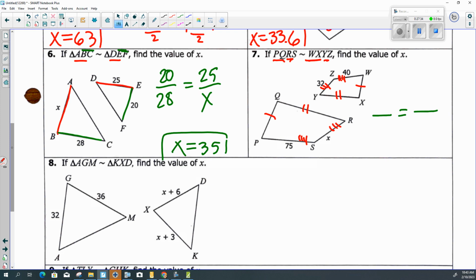Edwin, will you tell us what your equation is, excuse me. I saw you had something. Just tell us what you wrote. 40 over what?